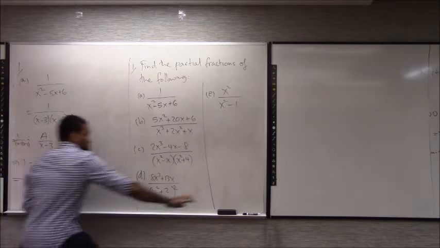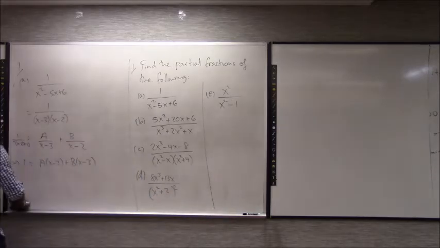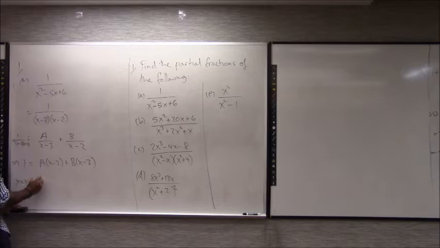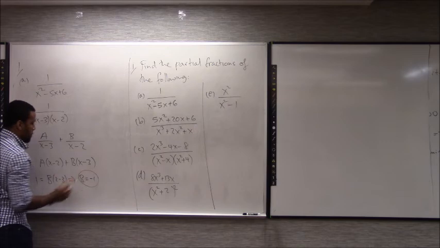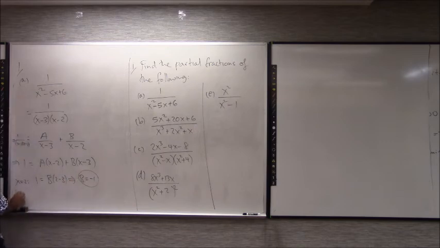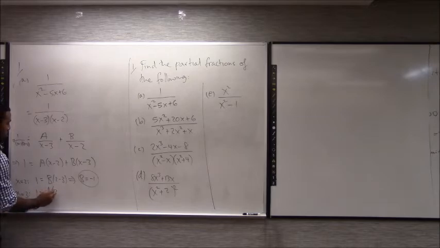So x equals 2, I would get 1 equals, well, b times (2 minus 3). In other words, that's minus 1b, so b equals minus 1. If x equals 3, plugging that in, I would get 1 equals a times (3 minus 2), and the b would go away.